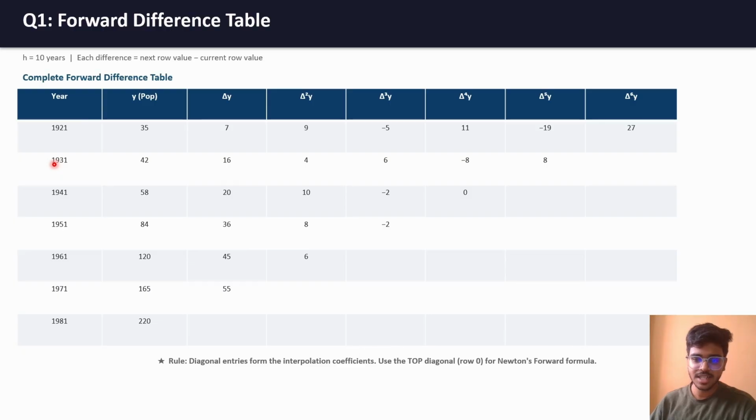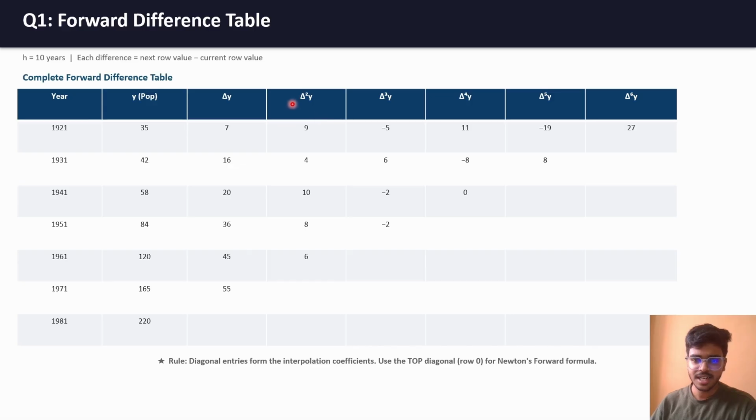Now the first difference delta y is simply the difference between consecutive y values. Delta y for 1921 equals 42 minus 35, which is 7. Delta y for 1931 equals 58 minus 42 equals 16, and so on.